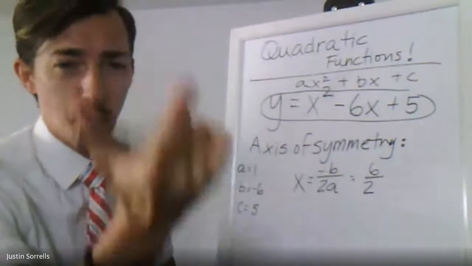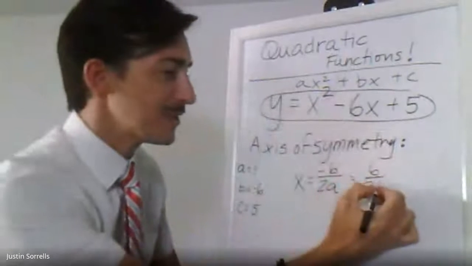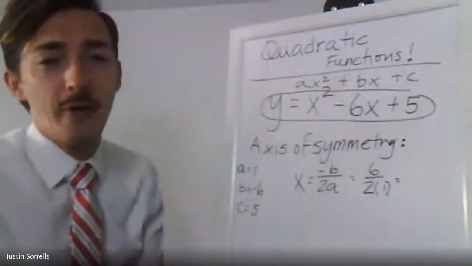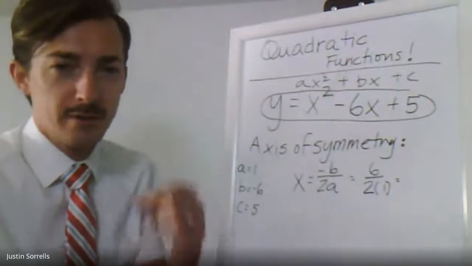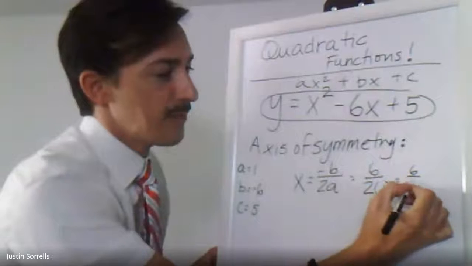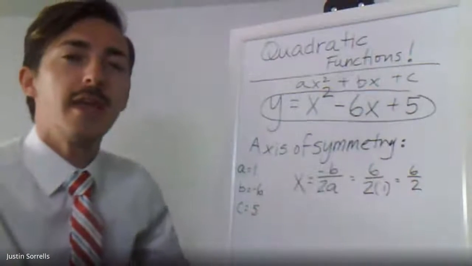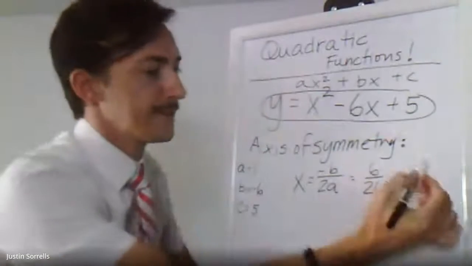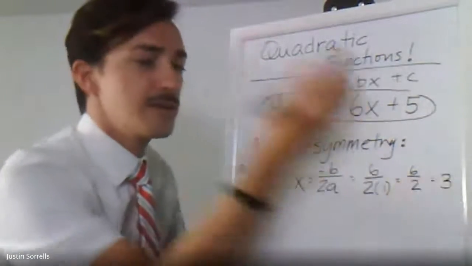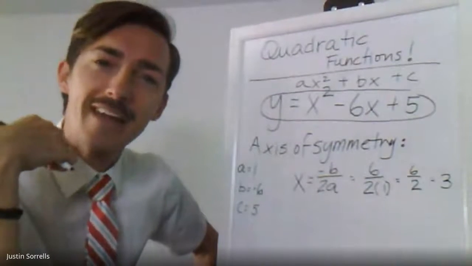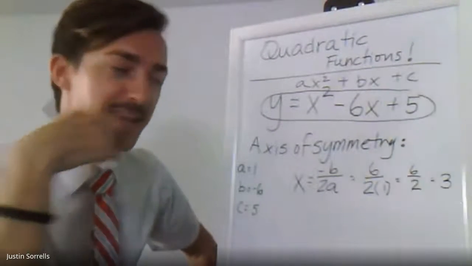My a value is 1, so that is 2 times 1. Now, what is 2 times 1? 2. So we have 6 divided by 2. And what is 6 divided by 2? 3. So y'all guess what? If you said it, your axis of symmetry is x equals 3. Great job.